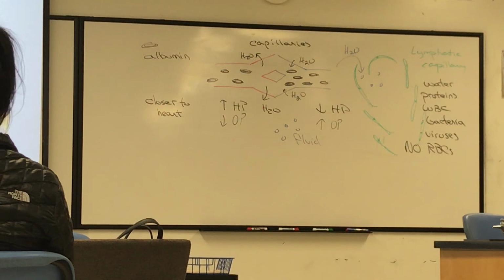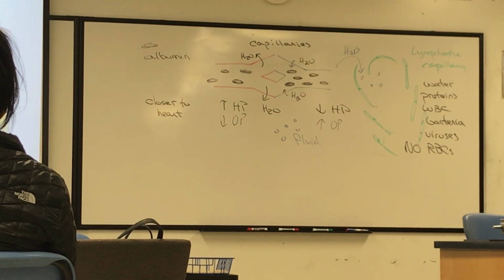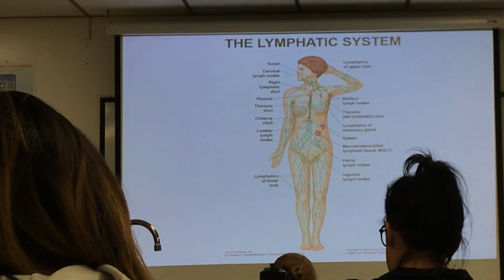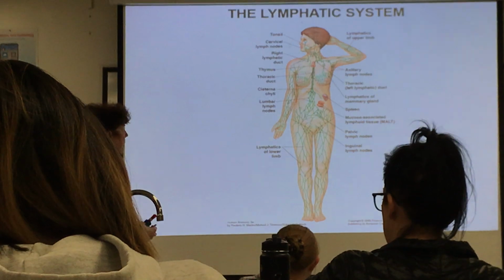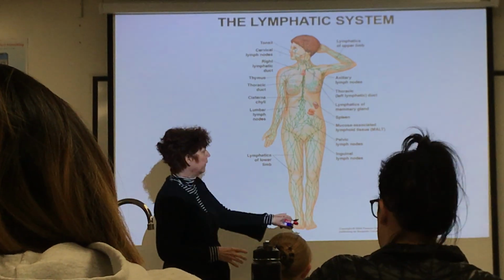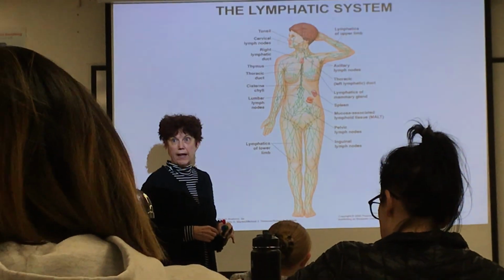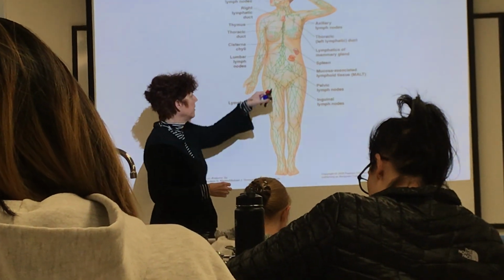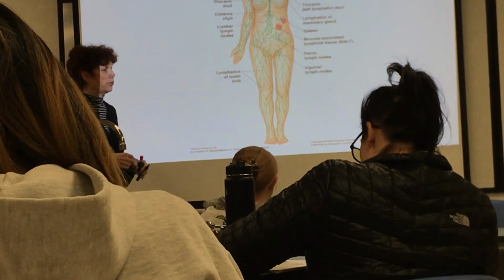Then as the lymphatic capillaries flow together, they form larger vessels that we call lymphatics. Okay? So we have lymphatic vessels throughout the body tissue and body organs. And the flow is towards the heart, so they have valves. And the larger ones, as they get closer to the center, are called lymphatic trunks.